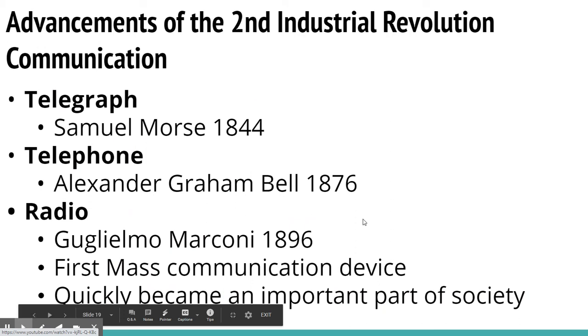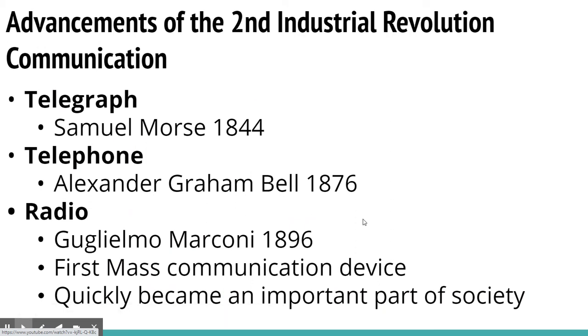Communication technology also advances extremely quickly. First was Samuel Morse and his telegraph in 1844, and the telephone with Alexander Graham Bell. Both of these have limitations, though, where they are A to B communication. The real revolution comes with the radio in 1896, and this is the first mass communication device really created, where you could reach thousands of people, hundreds of thousands of people at a time, and it really changes our society.